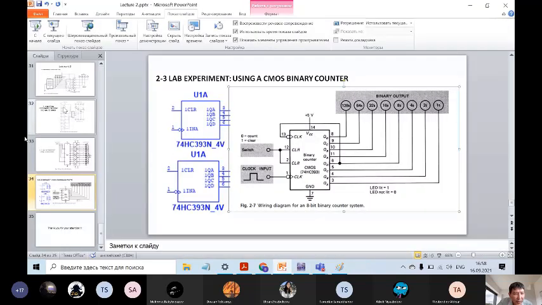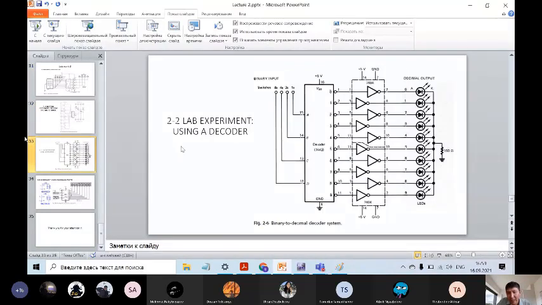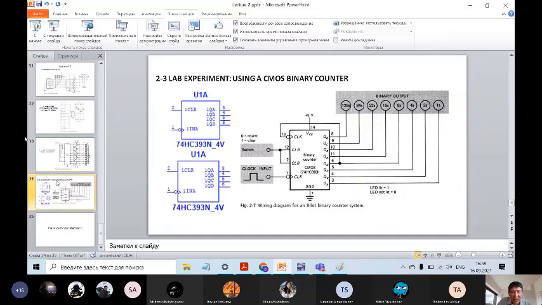The first one will allow converting decimal to binary. The second one will do the opposite, binary to decimal, and this one will just count impulses. Okay guys, I think for now our lecture is over. If you have some time or some questions about the lecture, assignments, homework, labs, you can ask.